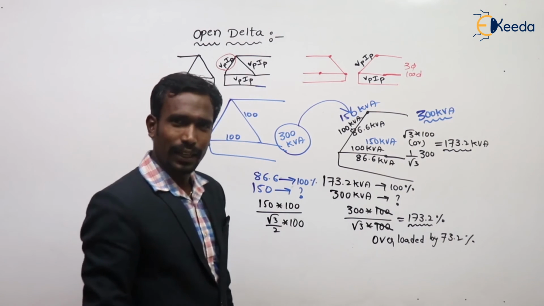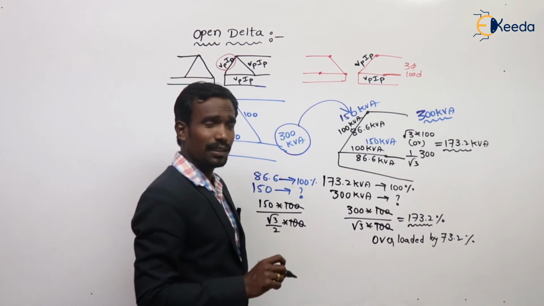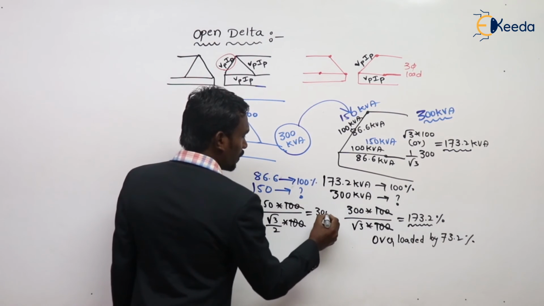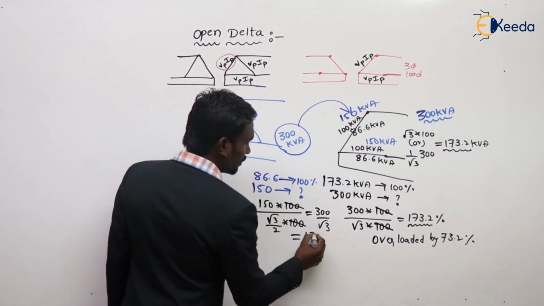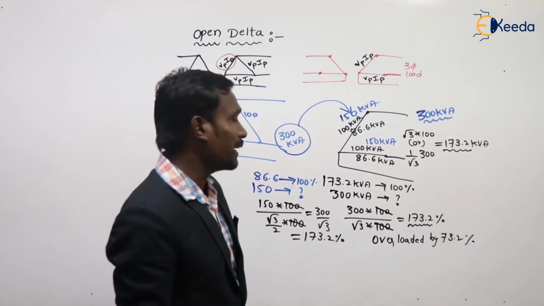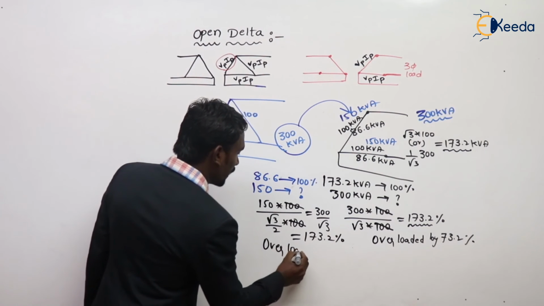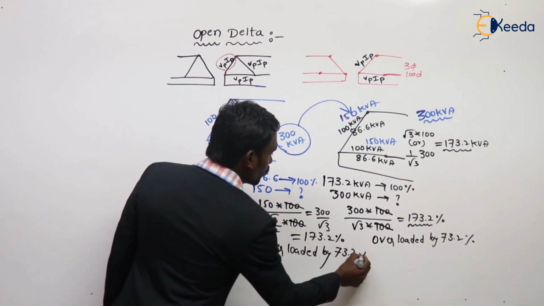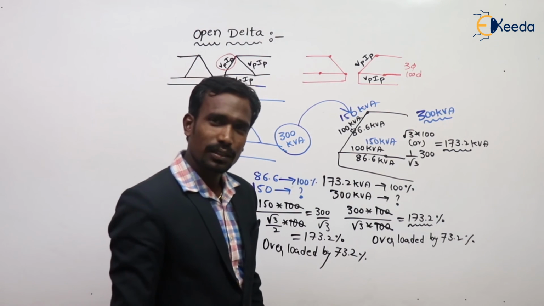Then 100 gets cancelled. Then what is the answer? 300 by root 3. Nothing but each transformer is operating at 173.2% of load, nothing but each transformer is overloaded by 73.2%.